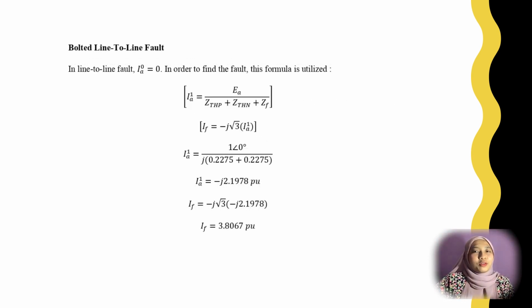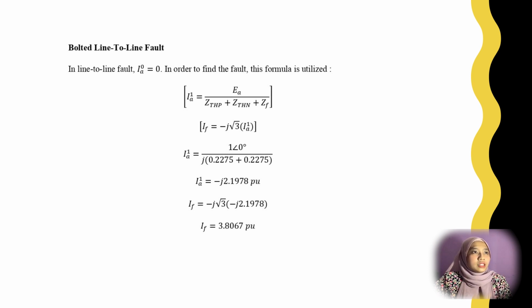For my part, I will show you the calculation for the bolted line-to-line fault. First, we need to find the value of IA1, where the formula is EA divided by Z Thevenin in positive sequence plus Z Thevenin in negative sequence plus ZF. We need to remember that the value of EA is equal to 1 and the value of ZF in bolted condition must equal 0.